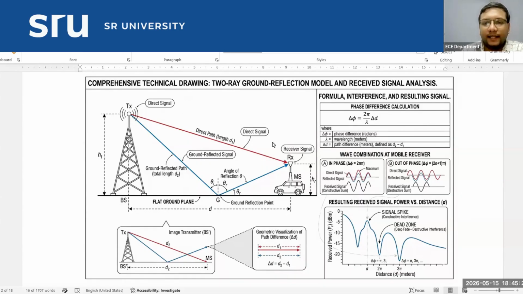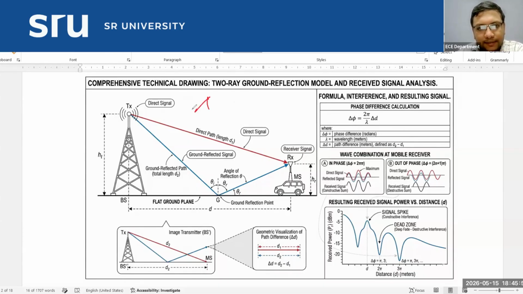Now when a signal is traveling two different paths, there is a relationship between the phase difference and the traveled path difference. So what is the formula? The formula is phase difference is equal to 2 pi by lambda into path difference.